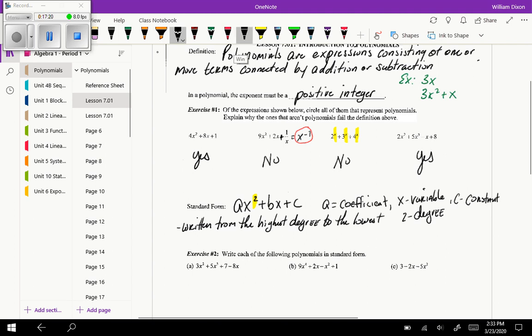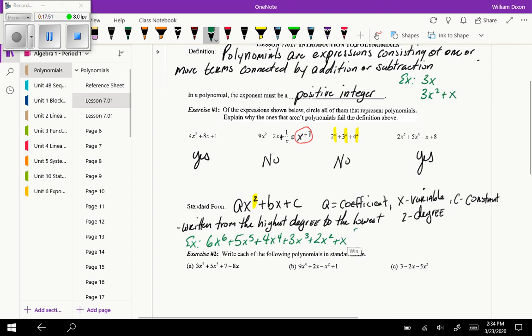All right, so an example of that would be, in green, 6x to the 6th, I like this one, plus 5x to the 5th, plus 4x to the 4th, plus 3x to the 3rd, plus 2x squared, plus x. All right, so I'm going from my 6 to 5 to 4 to 3 to 2, in those degrees.